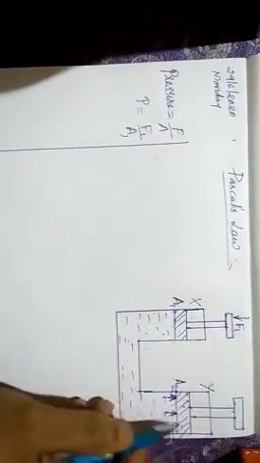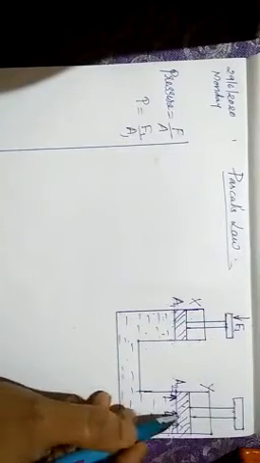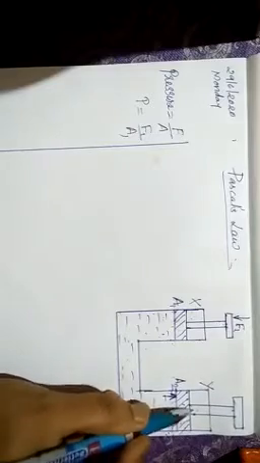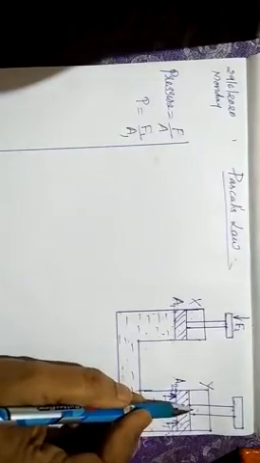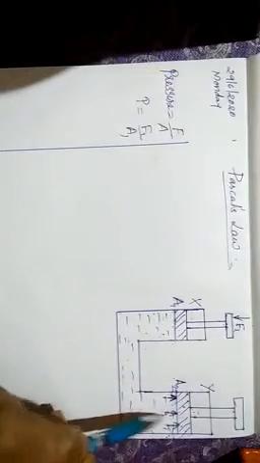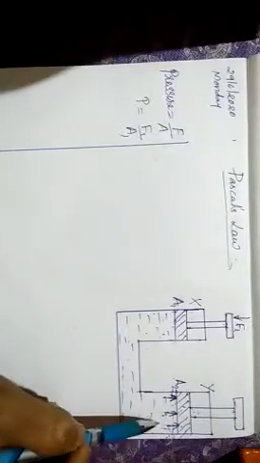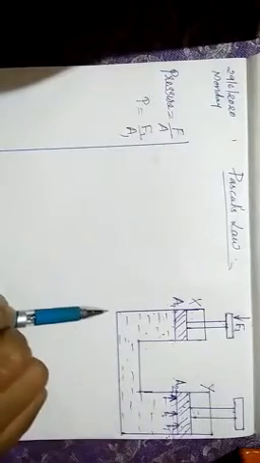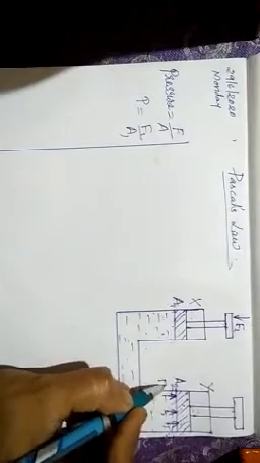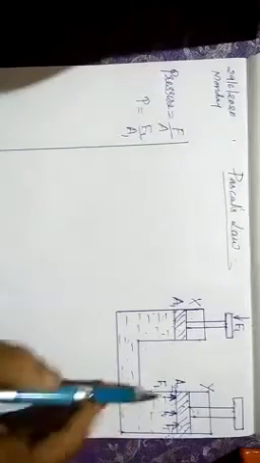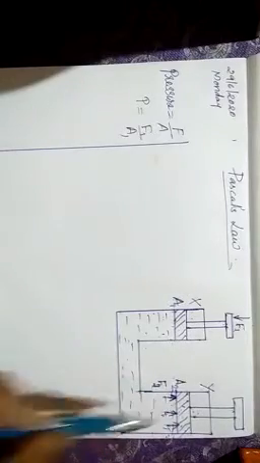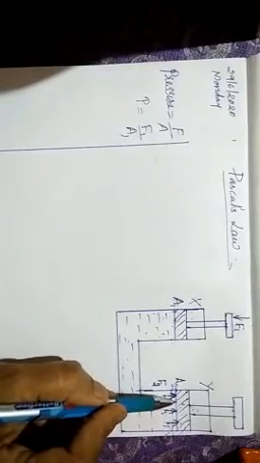Due to this pressure on the surface, an upward force will be exerted on the piston, and the piston will move upwards. Let the upward force be F2, exerted on the second piston.